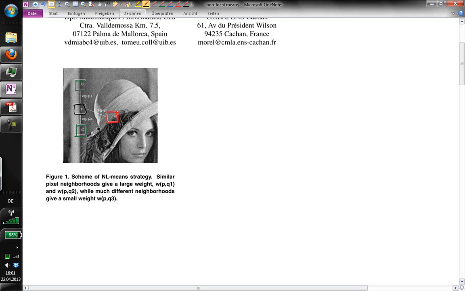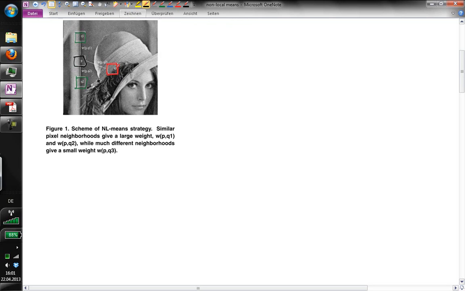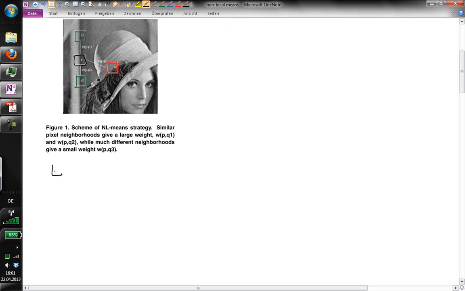So what this algorithm is all about is exploiting the self-similarity that we see in most natural images. This is a common feature of natural images.